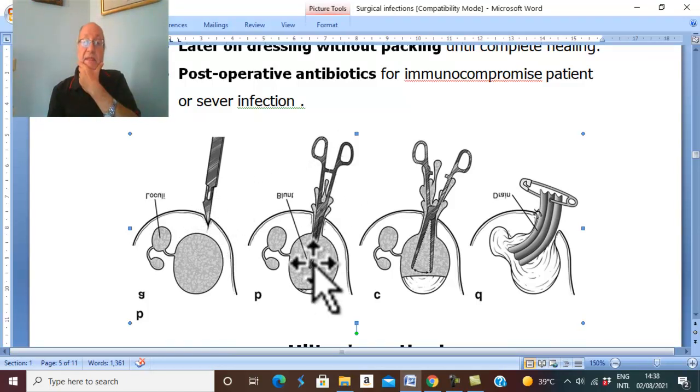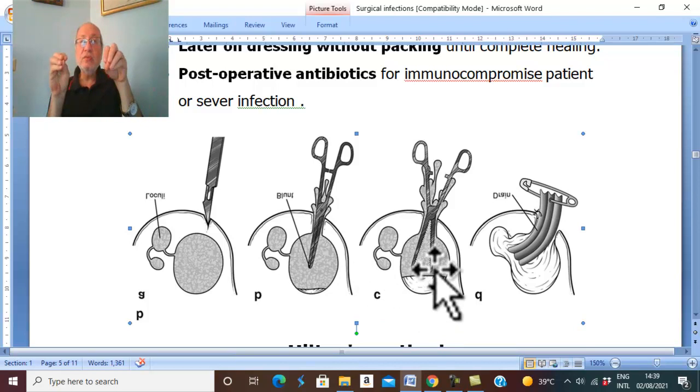Then enter the abscess with closed artery or sinus forceps. Enter with closed blades, then open the blades widely to separate the tissue and allow free drainage. This is division by separation of tissue, to avoid, for example in the parotid salivary gland, injury of the facial nerve.